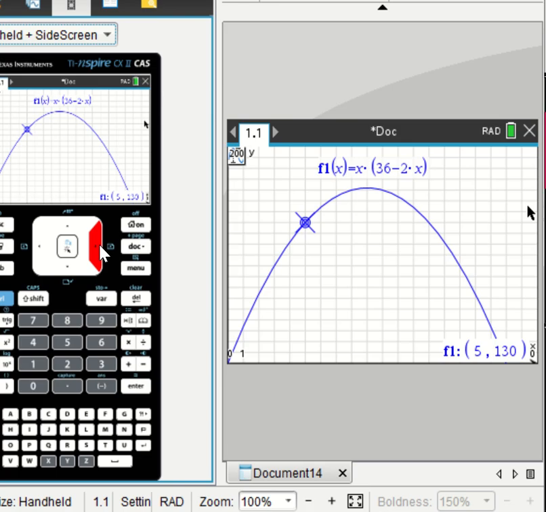Then we'll take 5, 130. Now, if you wanted another point, you could put in 8, 160, but really what I want is the max, 9, 162. This is definitely the most important point on our graph.